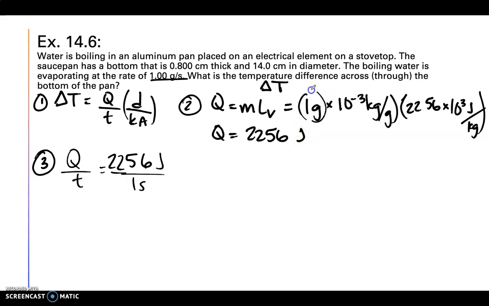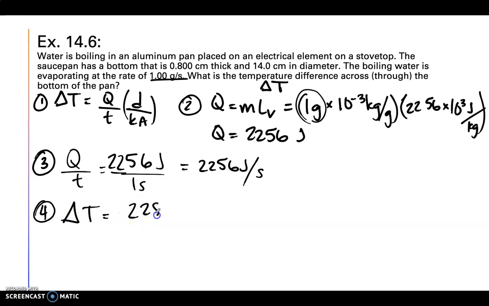Again, we used 1 gram as our mass. Then we can just plug that into our delta T. So 2,256 joules per second times d, which is our thickness, 0.008 meters. That's the thickness of the pan.